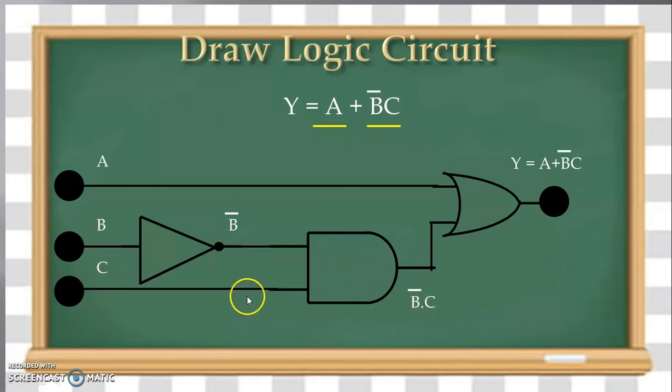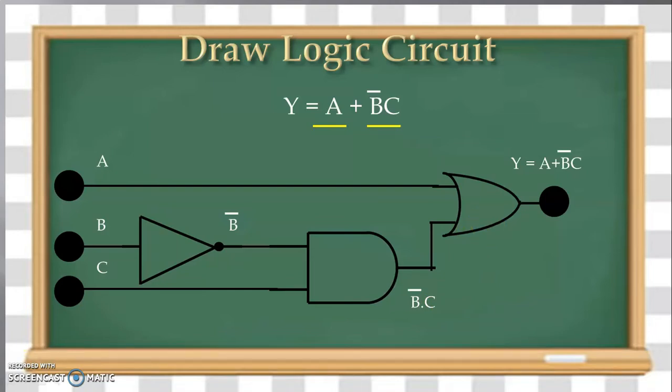So one input of the AND gate is c and the other input is b bar. And to get b bar, we have used this NOT gate. So the b input is given to the NOT gate, it is inverted to get b bar, and b bar and c are given as inputs to the AND gate, and at the output of the AND gate we get b bar dot c, and that we give to the OR gate.